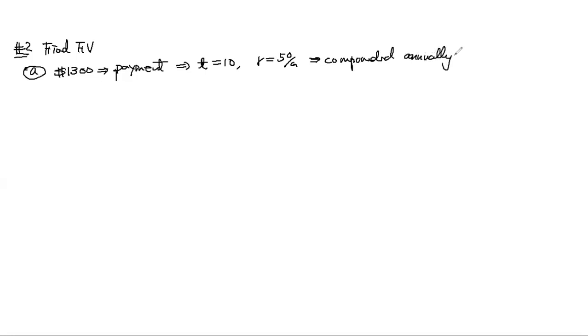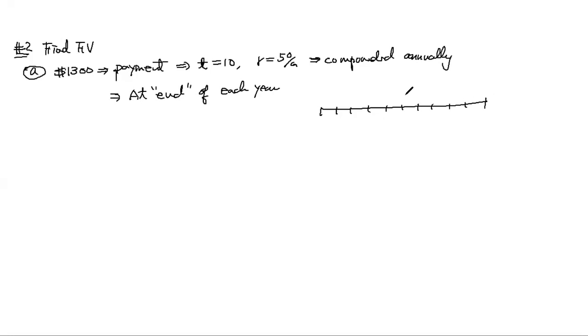And when I'm going to pay this payment, I pay this payment at the end of each year, right? So if you take a look at these here, you have 10 years, right? So this is 1, 2, 3, 4, 5, 6, 7, 8, 9, 10.